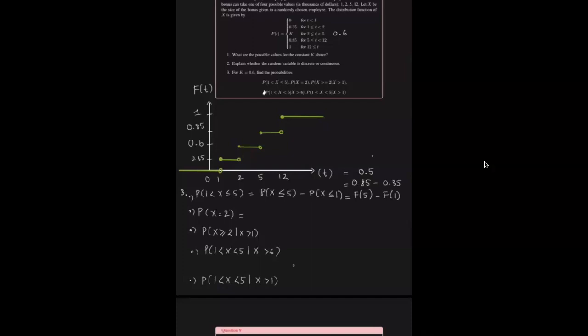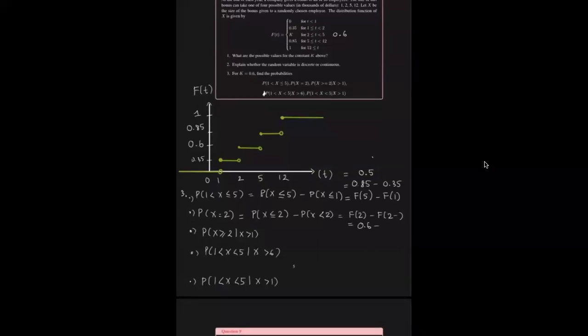In terms of notation, we will write it like this. It is the probability x is at most 2 minus the probability that x is less than 2. So this is F of 2 subtract F of 2 minus. F of 2 is this value, 0.6.